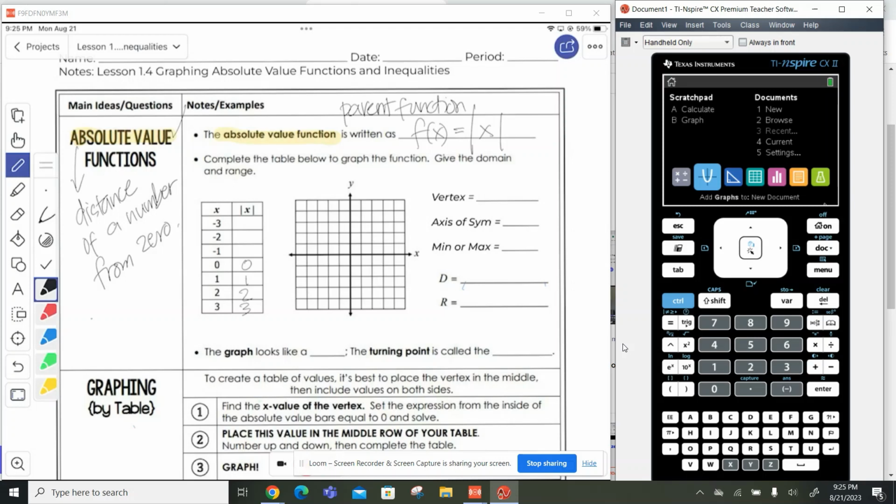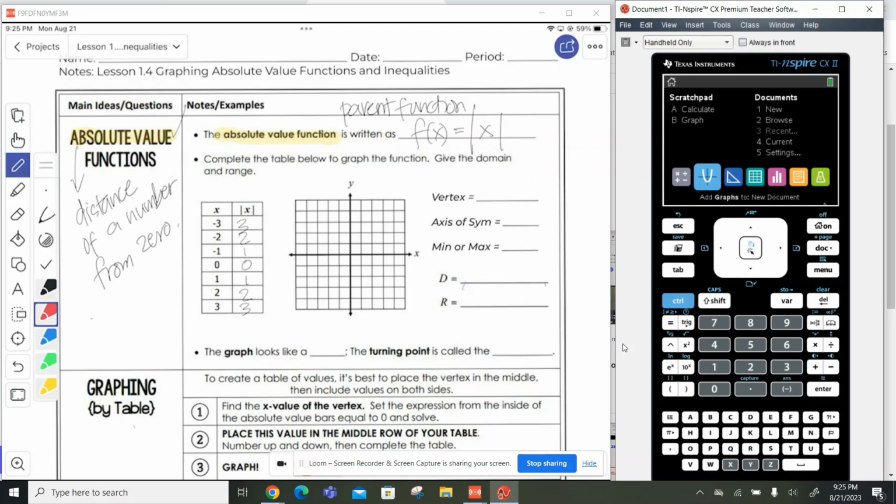Negative 1 is 1 unit away from 0 on the left side. Negative 2 is 2 units away from 0 to the left side. And negative 3 is 3 units away from 0 to the left side. Now that our table of values is complete, let us plot those points.